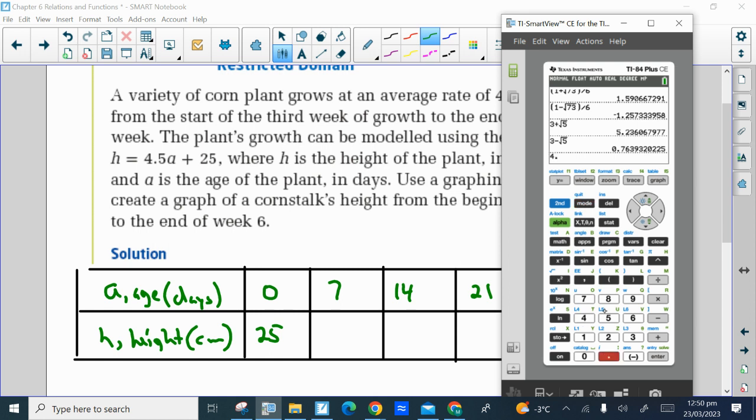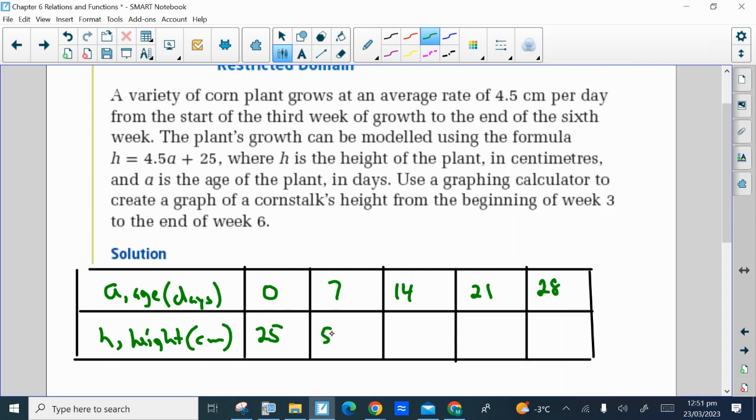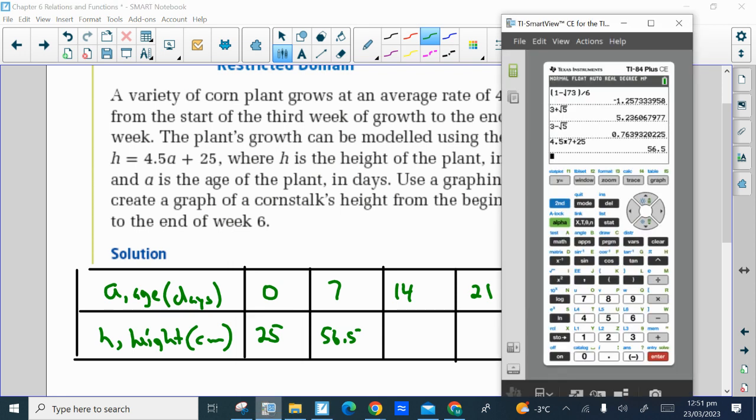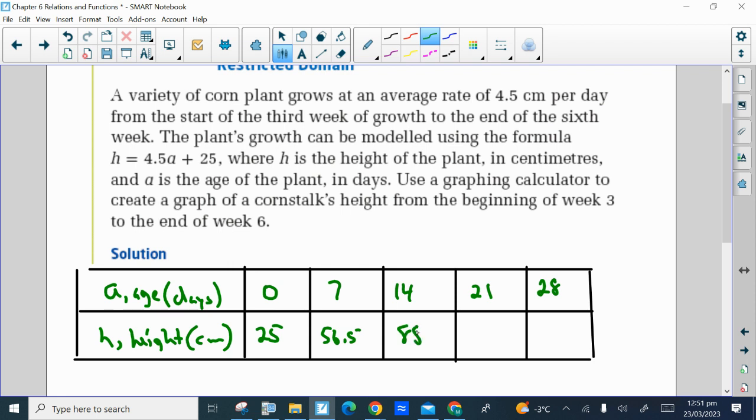Now most calculators will do order of operations for you, which in this case you'd have to multiply first before you add the 25. But that gives us a height of 56.5 centimeters. And then after 14 days, now a is 14, so it's 4.5 times 14 plus 25. Gives us a height of 88 centimeters.